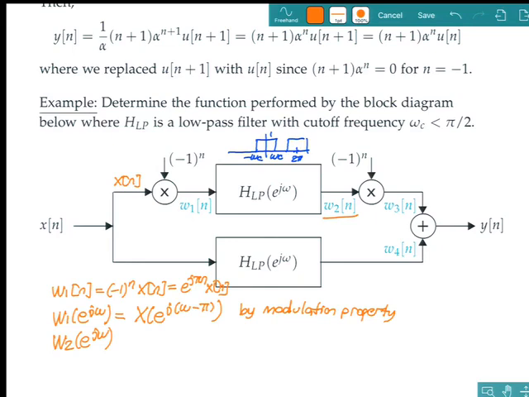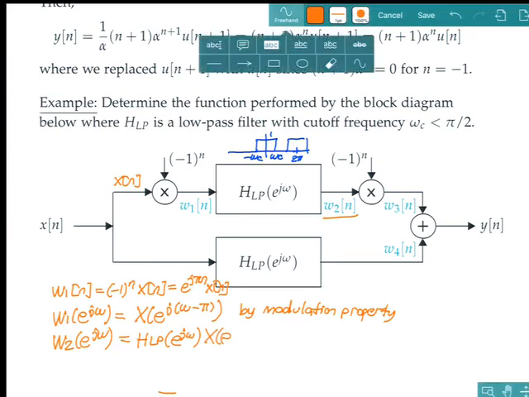A low-pass filter, but in the time domain it really is convolution with the impulse response of that filter, right? You don't want the convolution here. We're talking about DTFTs. We're talking about Fourier transforms. So convolution in the time domain becomes multiplication in the frequency domain. So therefore, the DTFT of W2 is the frequency response of the low-pass filter times the DTFT of W1. Well, okay, let's be clear.